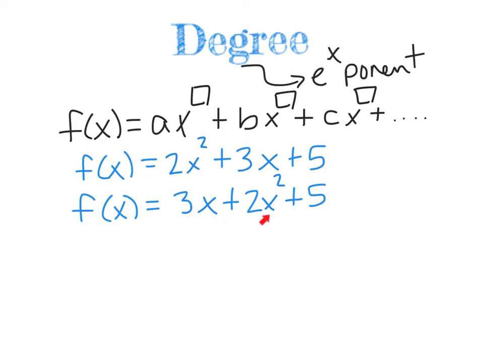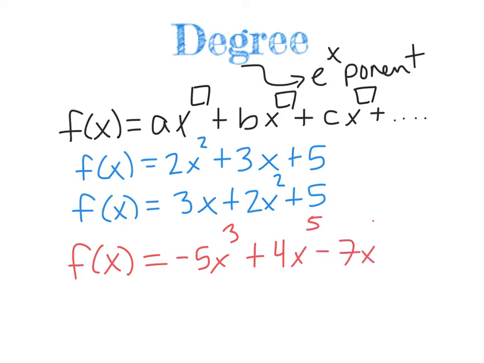So when you're looking at a polynomial, no matter what it looks like, maybe we're dealing with negative 5x to the third plus 4x to the fifth minus 7x squared plus 2x plus 3.